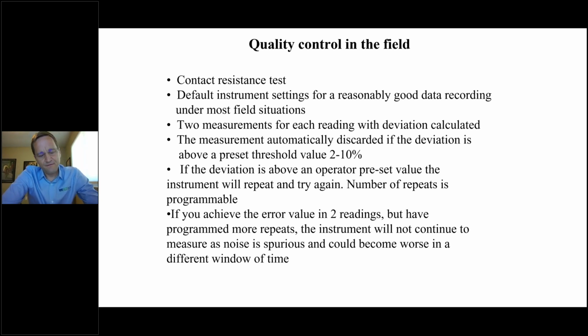So if in the first 2 readings you achieve 2% error, it won't measure 3, 4, 5, 6 on up to 10 readings if you had manually bumped it up, because then you would be opening yourself up to more noise in time, since these voltage spikes are spurious, and over the course of 10 seconds you may get one. So it'll just stop and report the best data that it has gotten.